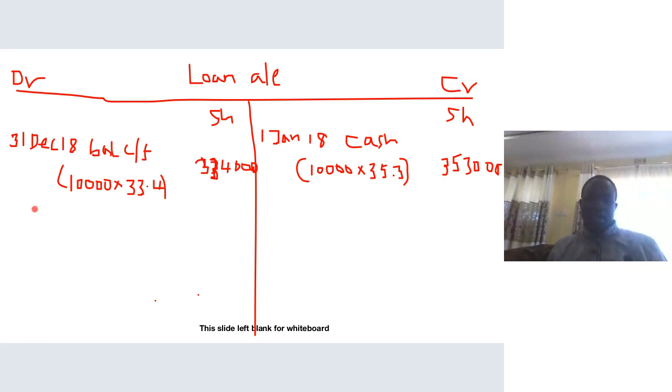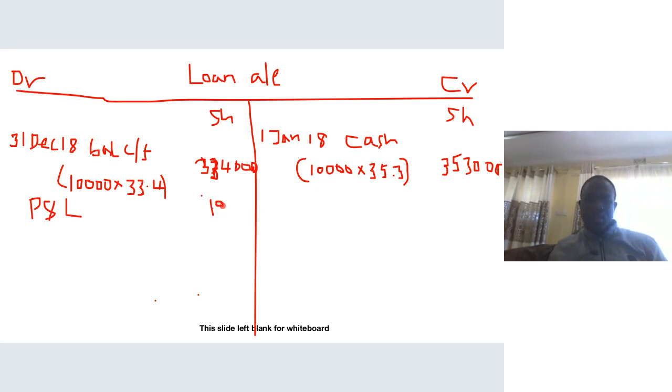So now we have the P and L on the same date, 31st. P and L, 19,000. So I'm told it is 19,000.